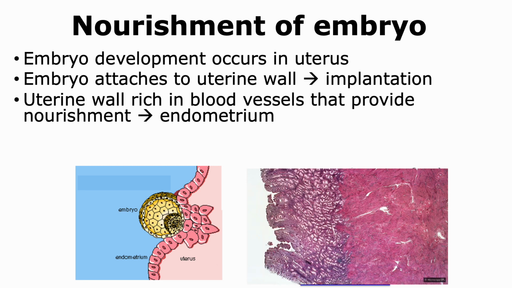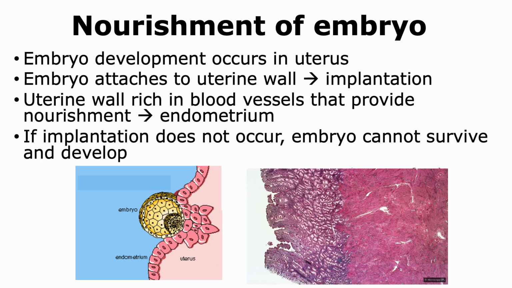It should be noted that, as we can see in the figure to the right, this layer of the endometrium, which is rich in blood vessels, can be quite thick so that it can provide nourishment to the growing embryo. If implantation does not occur and the embryo does not attach to the endometrium, then the embryo cannot survive and develop.